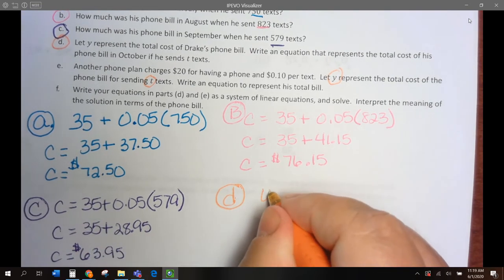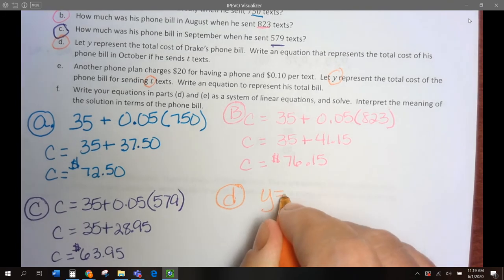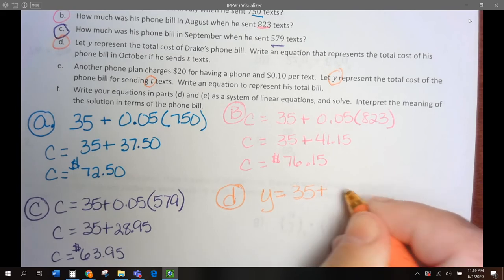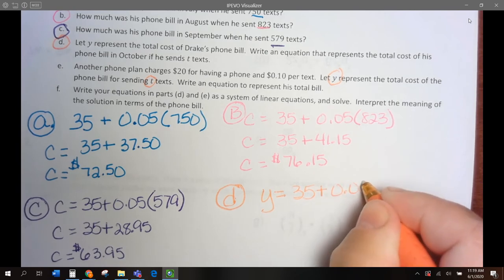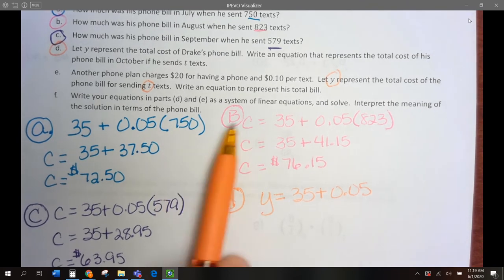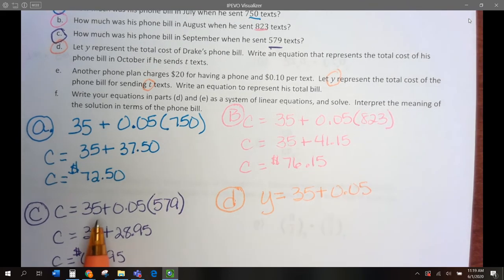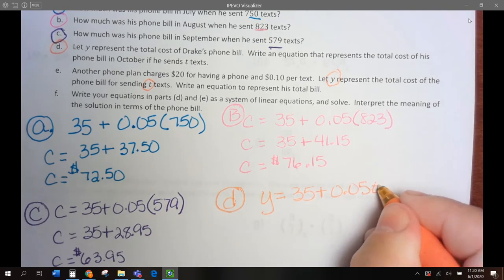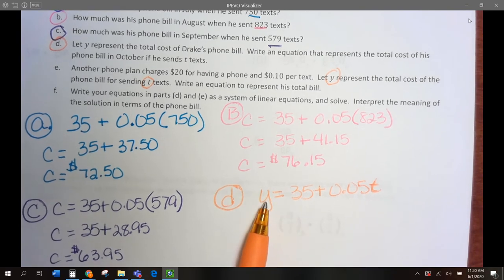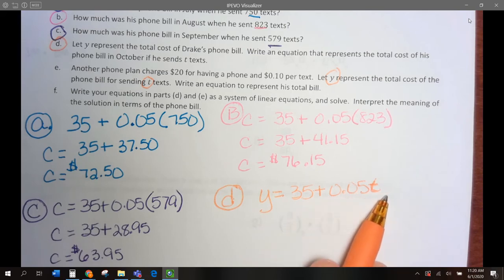So his total cost, Y, is going to be $35 just for having the phone, plus his 5 cents for every text. We knew it was $37.50 in July, $41.15 in August, $28.95 in September. October, we don't know yet, so we're going to use the variable t for the number of texts. So his total cost y is going to be 35 plus 0.05t.